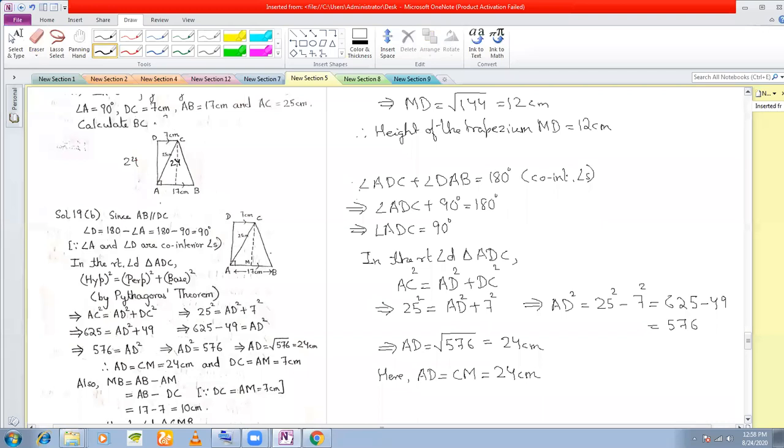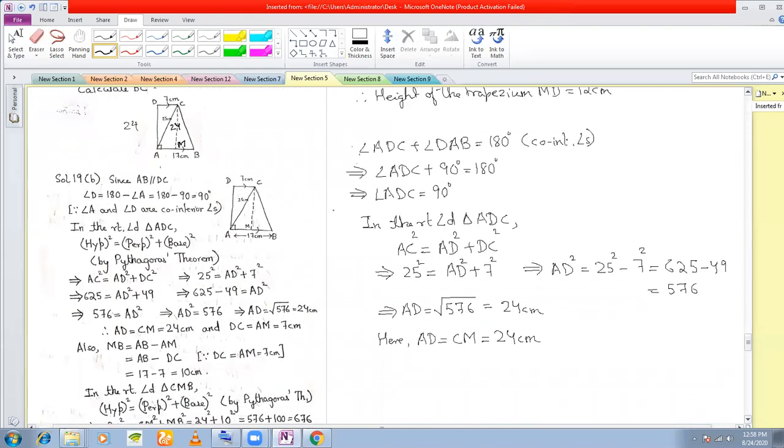Okay, CM. Now this point was our M. Now see what happens. This length DC must be equal to this length AM also. DC is equal to AM is equal to 7 centimeters. And this AB is given to be how much? 17.